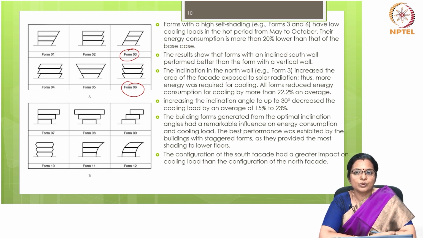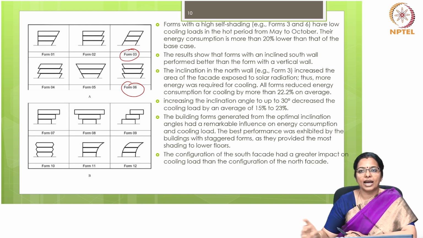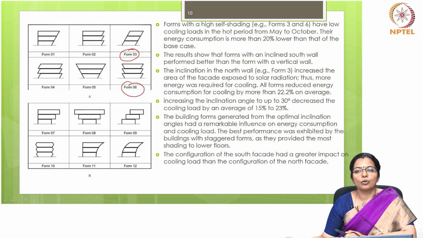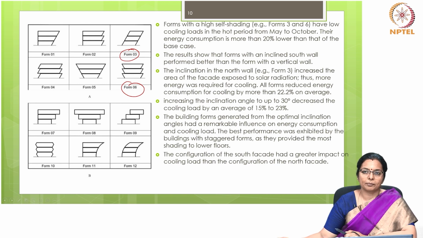Thus, more energy was required for cooling. All forms reduced energy consumption for cooling by more than 22% on an average, increasing the inclination angle of up to 30 degrees, decreased the cooling load with an average of 15% to 23%.